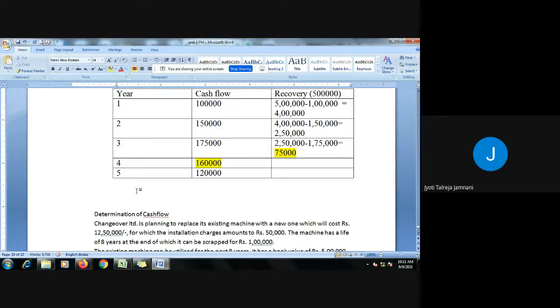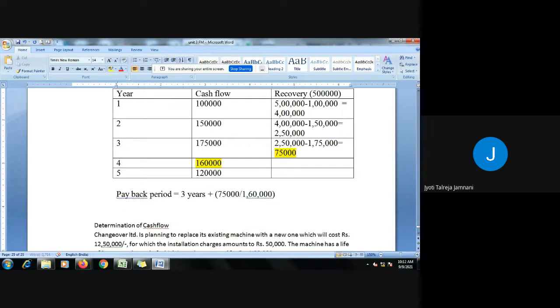So let's write here, payback period is equal to 3 years plus we need 75,000 divided by 1 lakh 60,000, which we have in the fourth year. So 75 divided by 1 lakh 60, 0.468 we get.